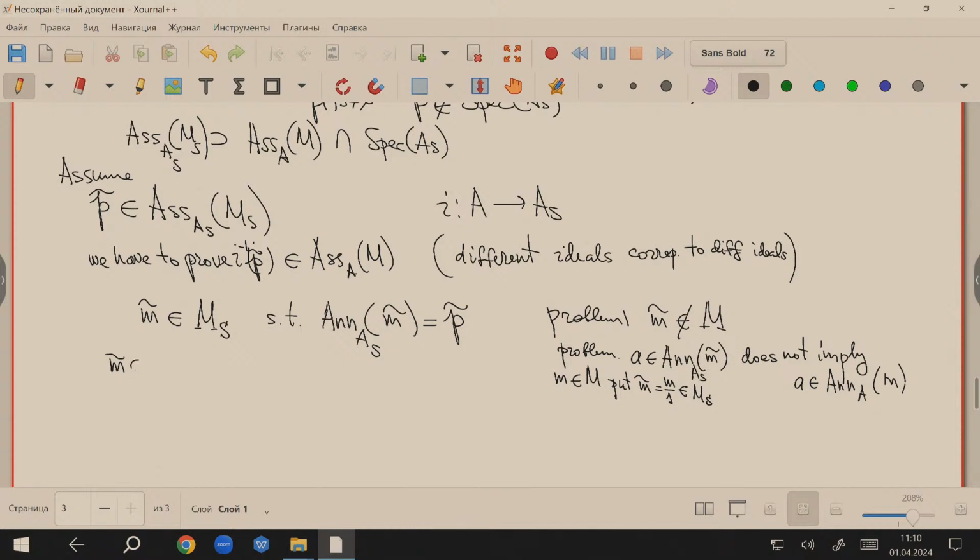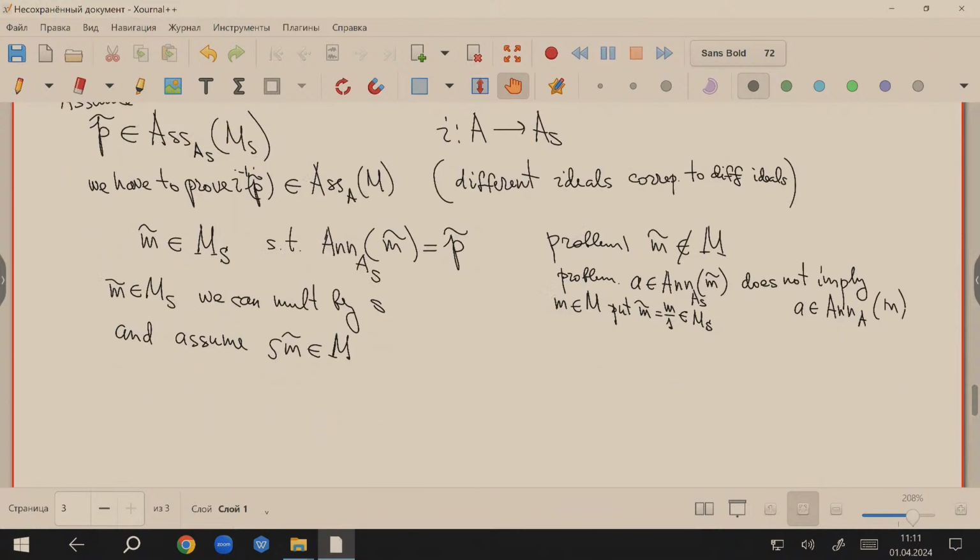So if m tilde belongs to MS, we can multiply by s and assume that s m tilde already belongs to M. I hope you will forgive me for not saying precisely that m tilde is an element of the form m divided by 1.